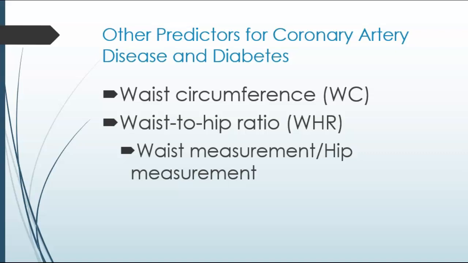To calculate the WHR, you take the waist measurement and divide it by the hip measurement to get that number. So for those of us ladies who have curvier hips and a smaller waist, that's an advantage for us as far as these two tools that have proven to predict the risk factors for the conditions we just mentioned.